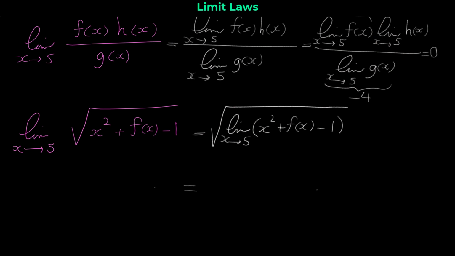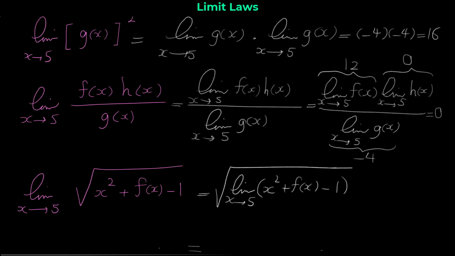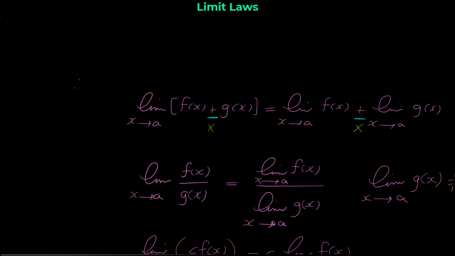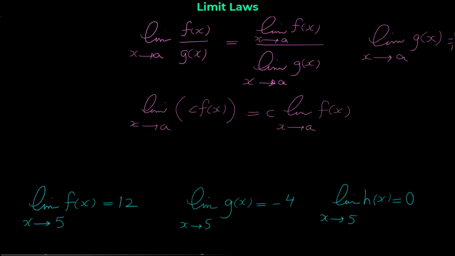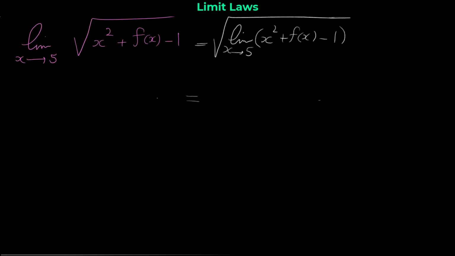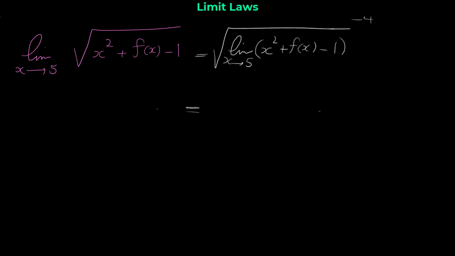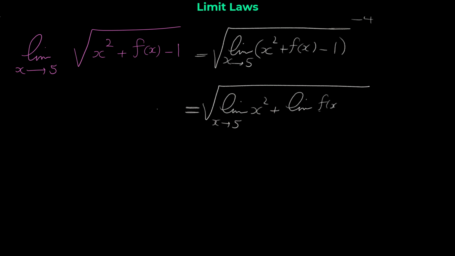And now, based on the limit laws that we had here, the limit of f plus g is the limit of f plus the limit of g. We can separate the limit. So based on that law, we can write this limit as the square root of the limit as x approaches 5 of x, attention, x2 is a function by itself, plus the limit of f of x when x approaches 5.